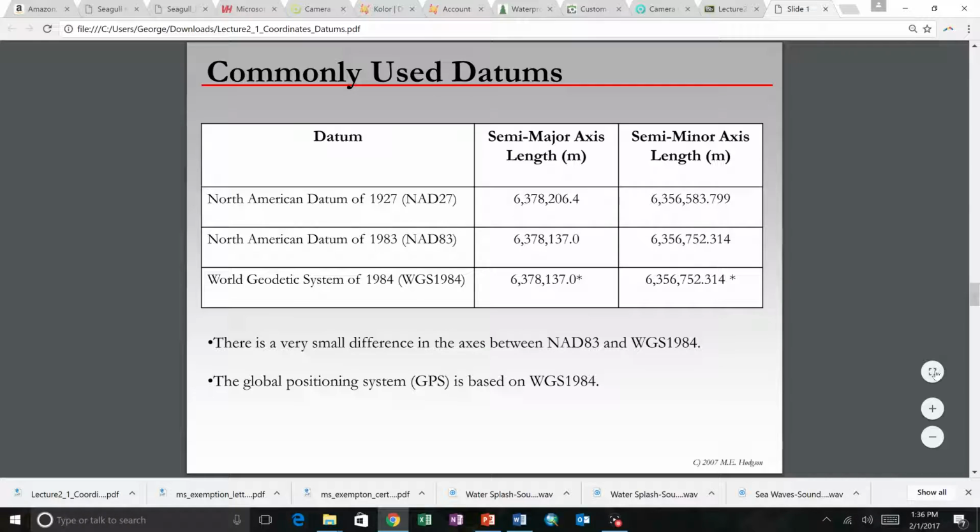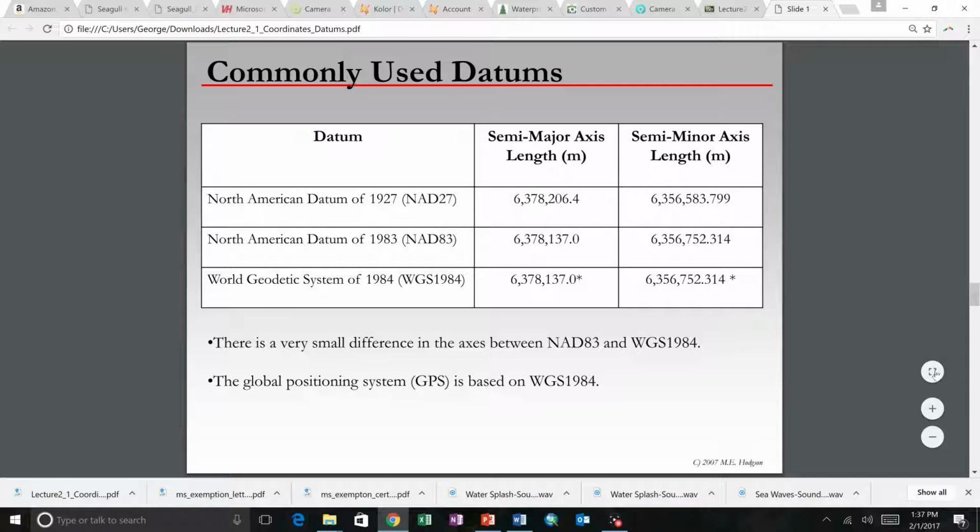This is not something you've memorized for a test or anything. This is just information to drive this point across, that these are the things that make up the differences. Different datums create different ellipsoids, which have different semi-major axes and semi-minor axes. See how they're different? But they aren't different by that much. This one's off by 200 meters, and that one's off by less than 100 meters, actually.